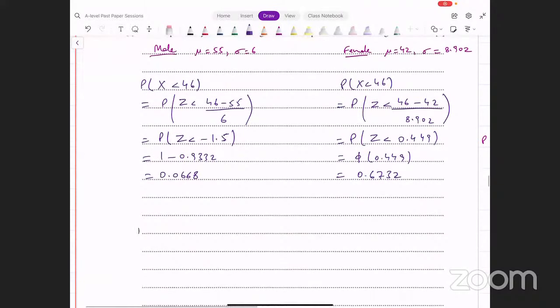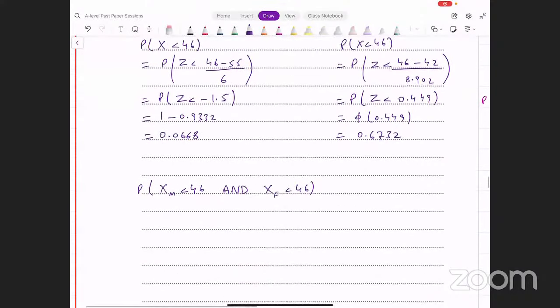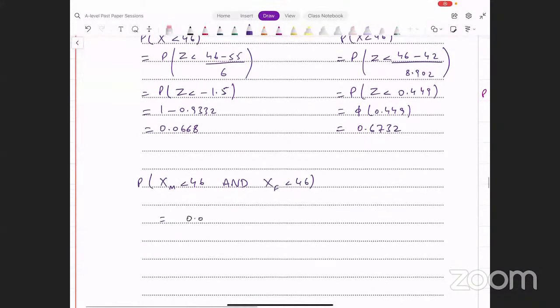Probability that both of these conditions are met, probability of weight of males being less than 46 and the weight of females being less than 46. क्योंकि दोनों independent हैं, हम simply क्या करेंगे, इनकी probabilities को multiply कर देंगे. 0.0668 multiplied by 0.6732, and that's going to give us the result. 0.0668 into 0.6732.